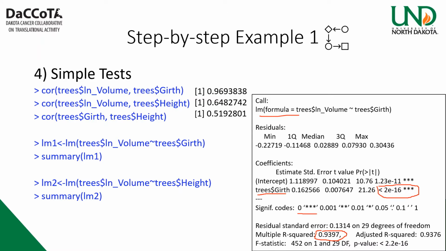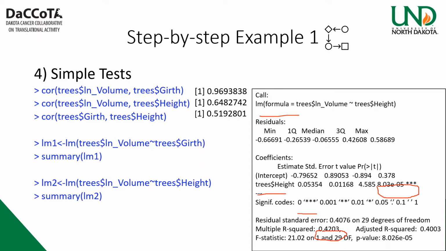So let's look at height now. So we do, once again, create a linear model, and then a summary pops up this whole thing. Let's get rid of this stuff here. And we see that similarly, height is positive. It's still highly significant. Though we see the multiple R squared is a lot lower.